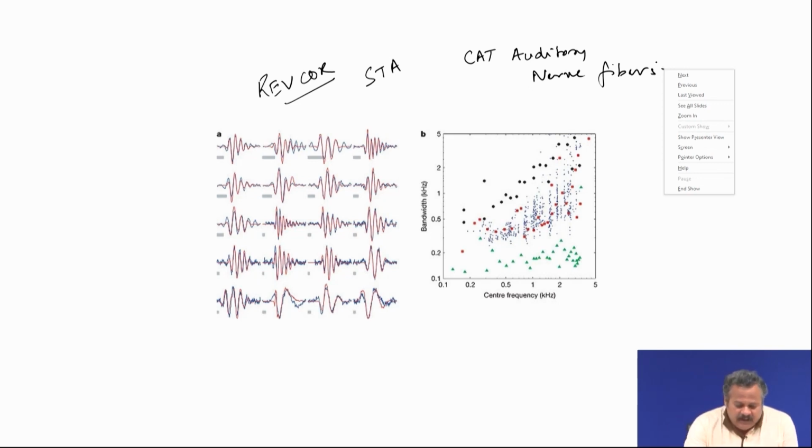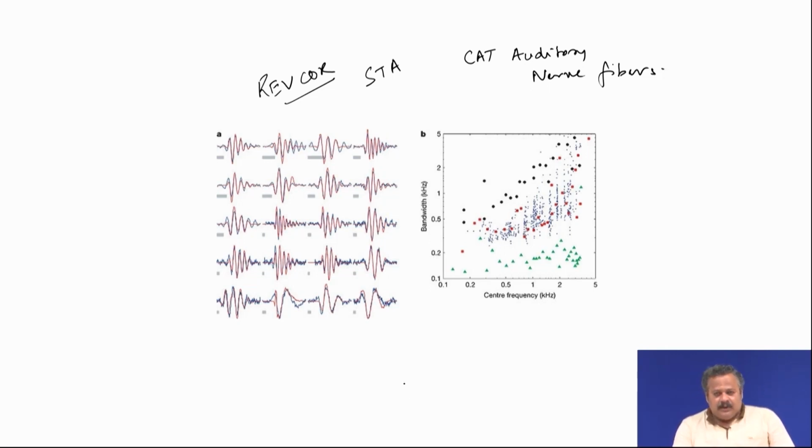And what they find is that the functions or the kernels that they obtained from theoretical principles, as we discussed, matched very well with those reverse correlation functions of auditory nerve fibers.